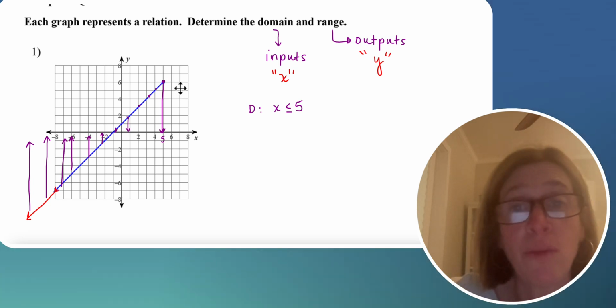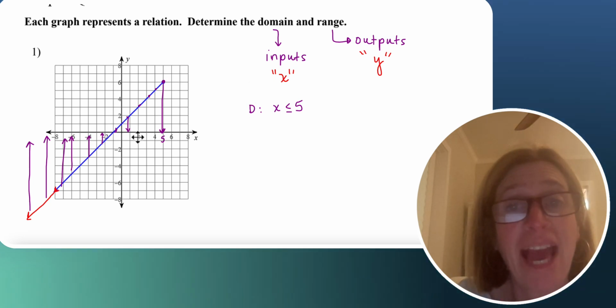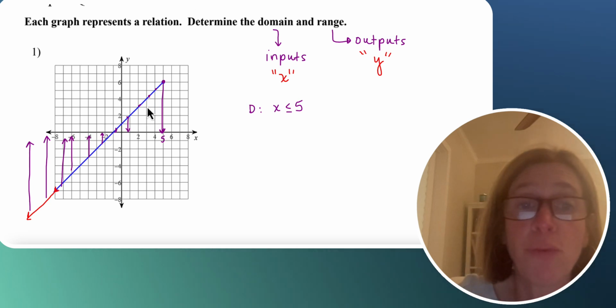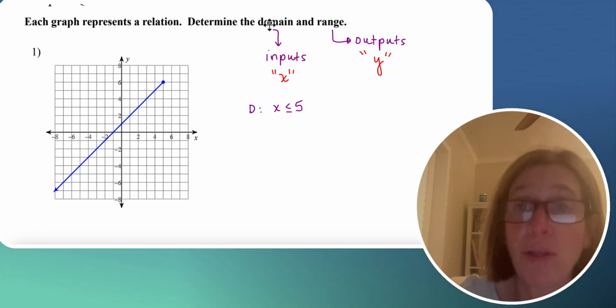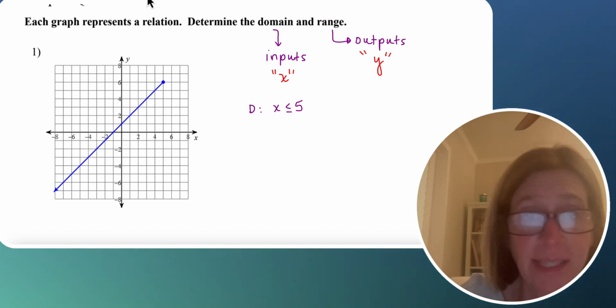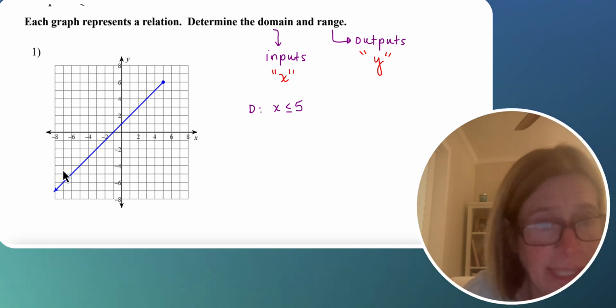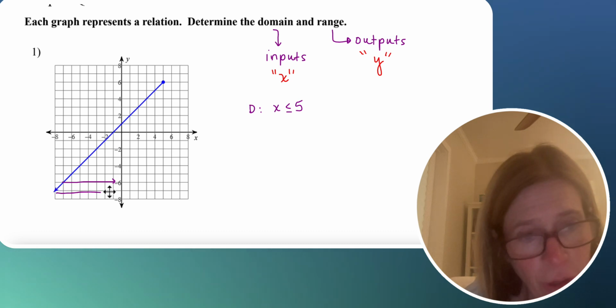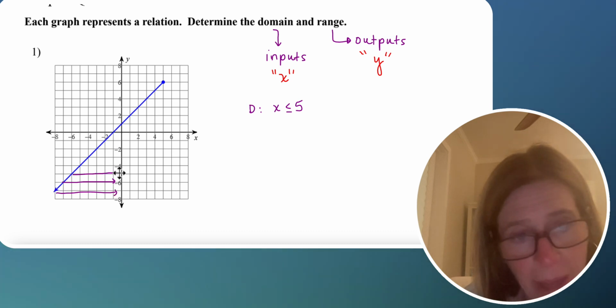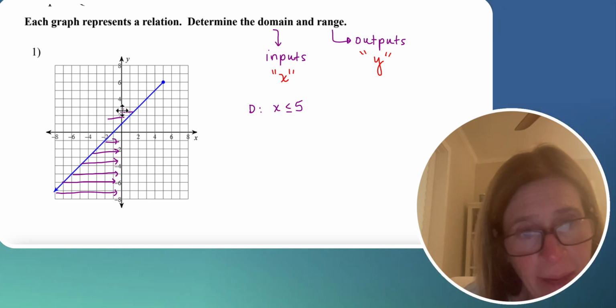All right, so for our inputs, we want to look along the x-axis. For the range, we're looking at our y values, so let me erase, and we want to look along the y-axis. So I'm looking here, and I can see that it's going to have a y value forever along the y-axis. It will have a y coordinate, no matter where I look on this graph, all the way until it gets here.